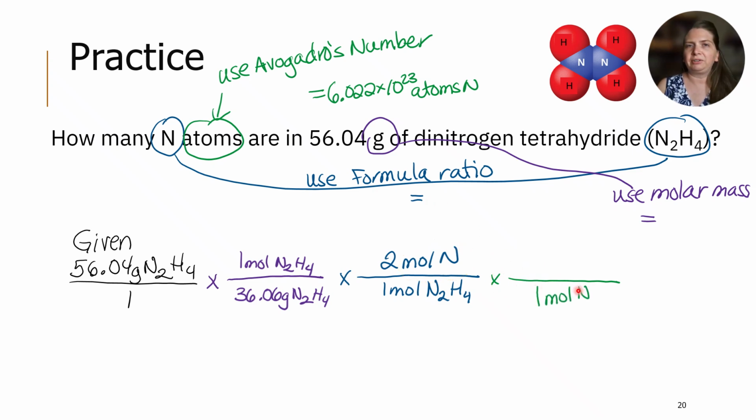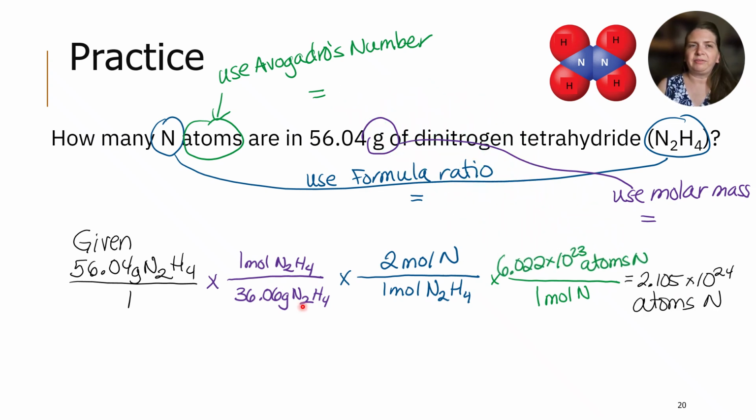Finally, convert from moles of nitrogen into atoms of nitrogen using Avogadro's number. After completing the calculation, we find that 56.04 grams of N2H4 contains 2.105 times 10 to the 24th atoms of nitrogen.